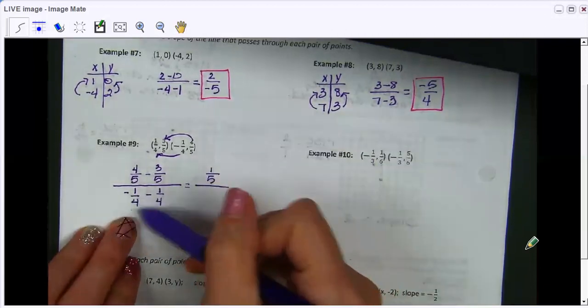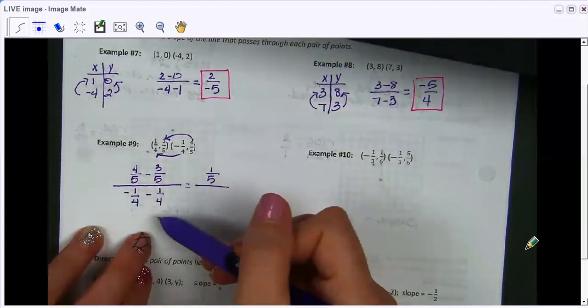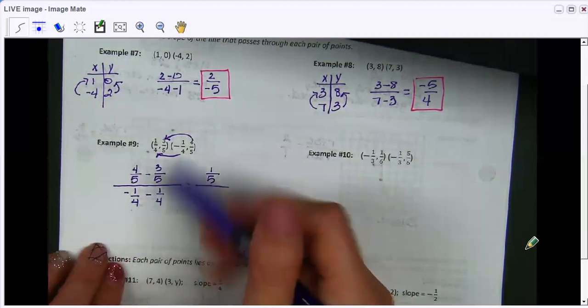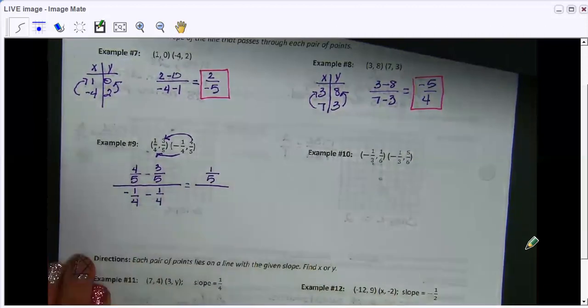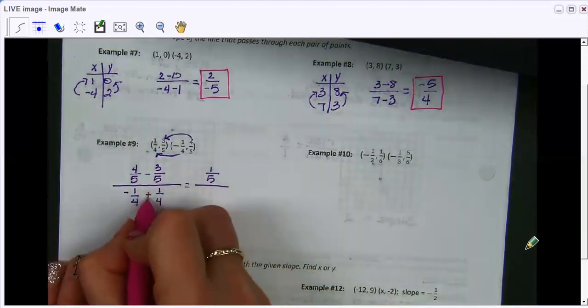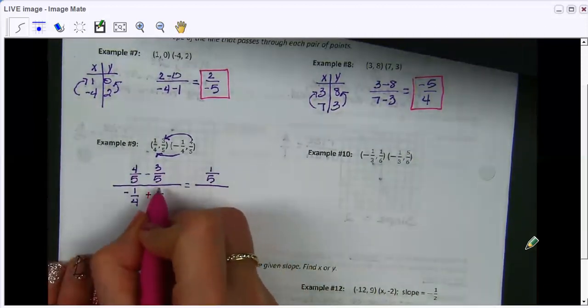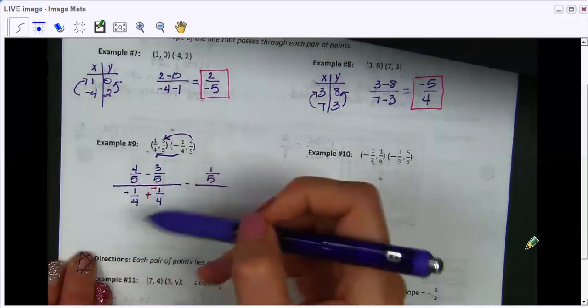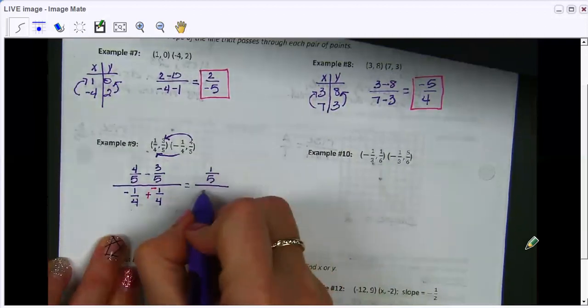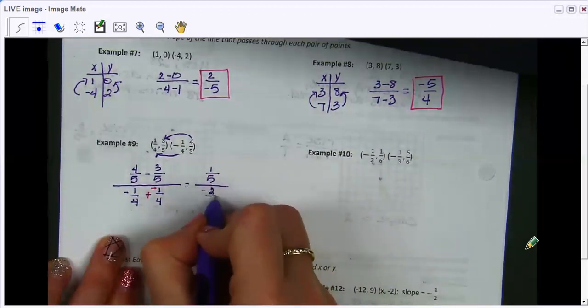What's negative 1/4 minus 1/4? Right. Negative 2/4, because when we have subtracting, we can actually change it to add its opposite. So the opposite of a positive 1/4 would be a negative. So really you have negative 1/4 plus a negative 1/4, which gives us a negative 2/4.